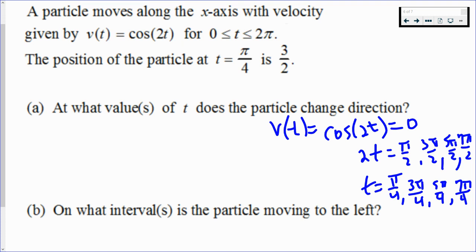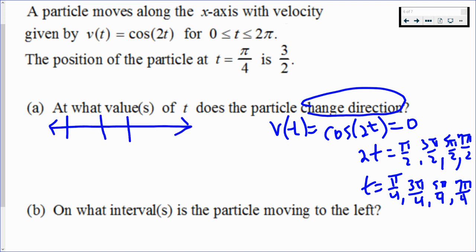All right, so now we want to know where it changes direction, so that means we have to check a number line. Are we changing signs at all of these values?